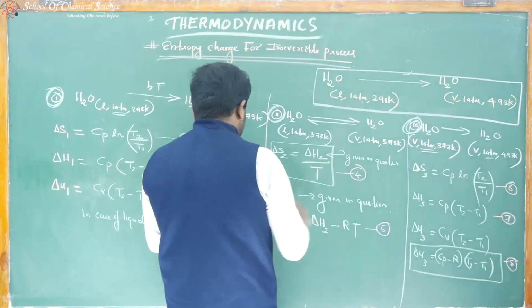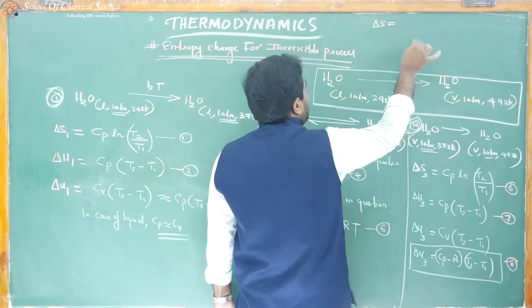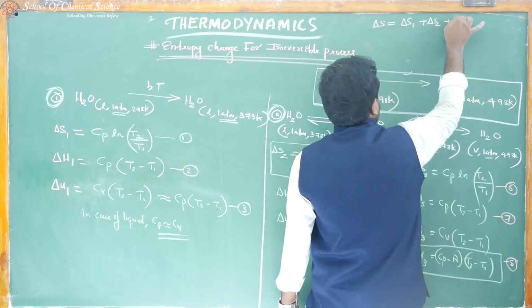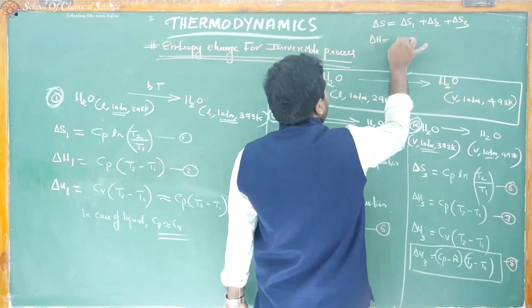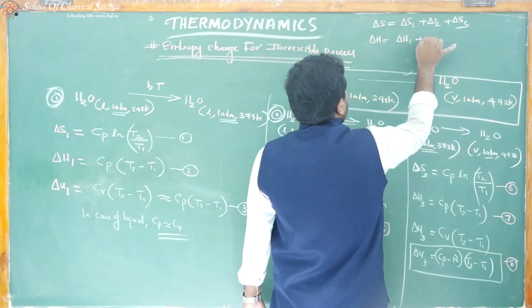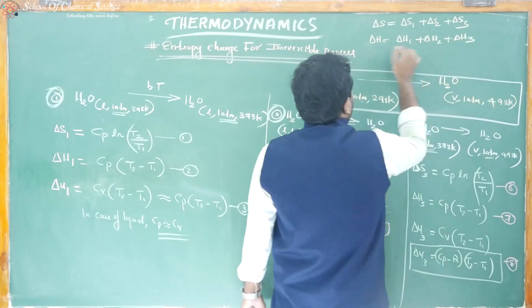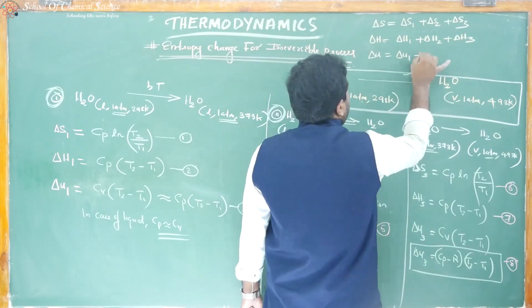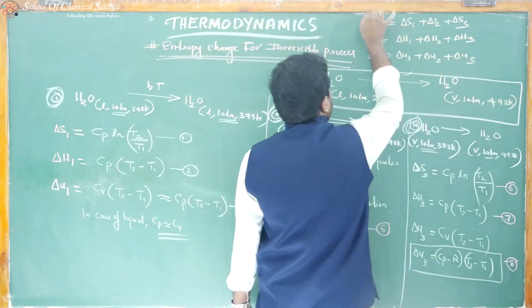So delta S total is equal to delta S1 plus delta S2 plus delta S3. Delta H total is equal to delta H1 plus delta H2 plus delta H3, and delta U total is equal to delta U1 plus delta U2 plus delta U3.